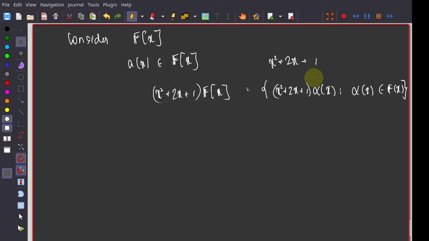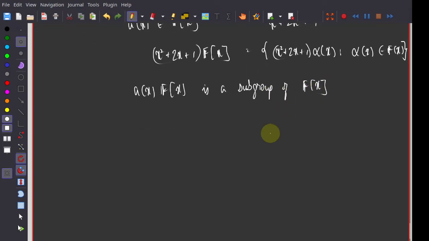If I multiply this by another element, it still is divided by x square plus 2x plus 1. So a of x times F of x is a subgroup of F of x. Correct? Okay.